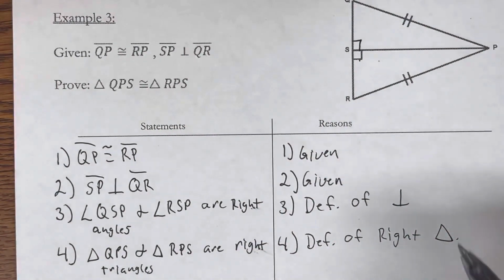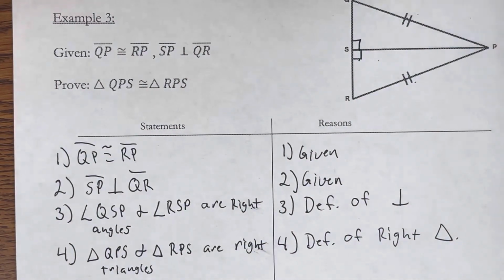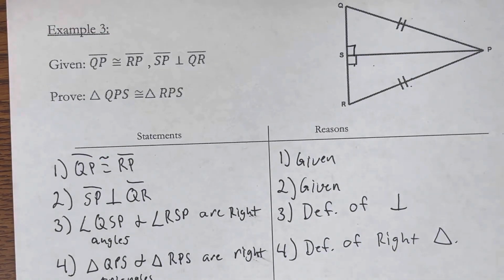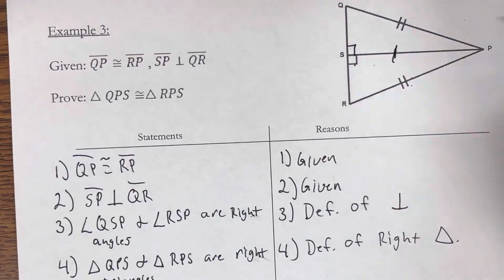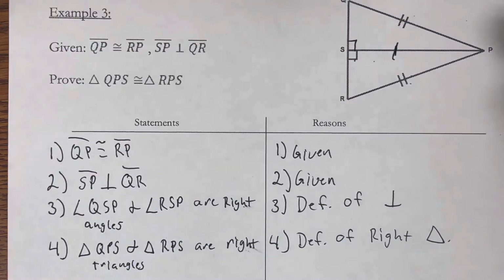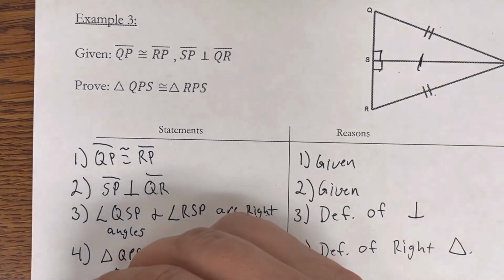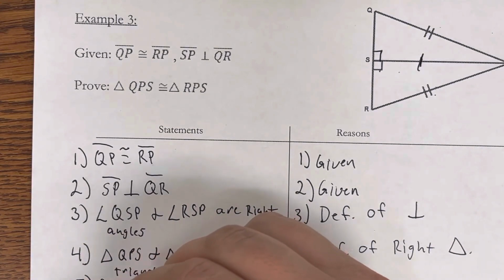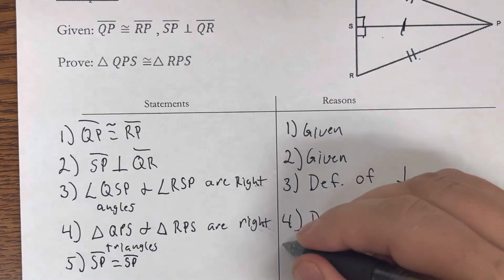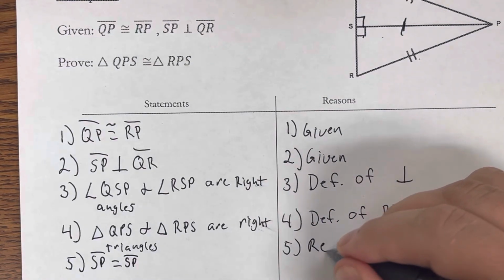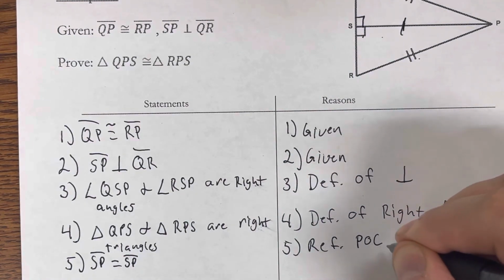I have also shown that we have a pair of congruent hypotenuses. However, that's not enough. I still need a congruent leg. So the piece in the middle that's shared for both, that is congruent to itself. So I can say that SP is congruent to SP for step 5. And the reason that we're using there is the reflexive property of congruence. Something congruent to itself.